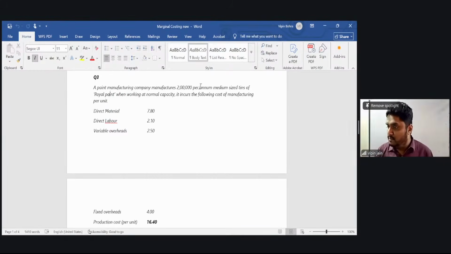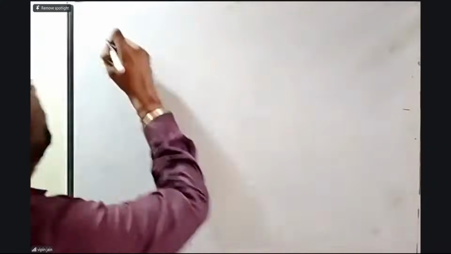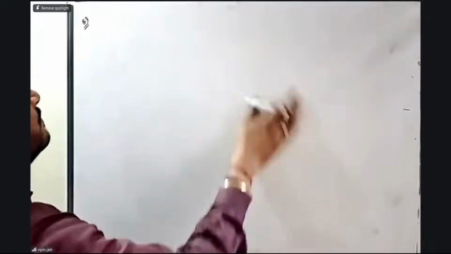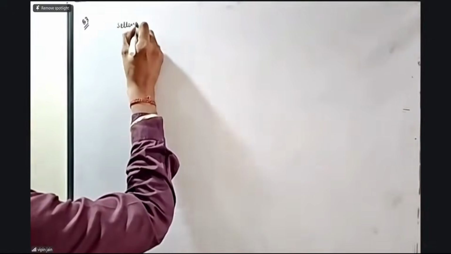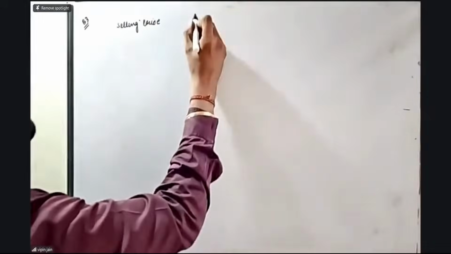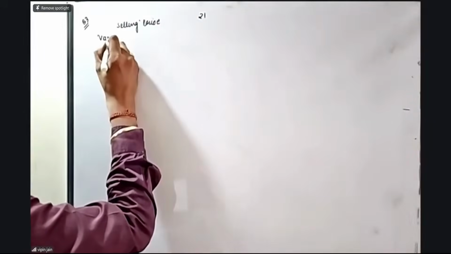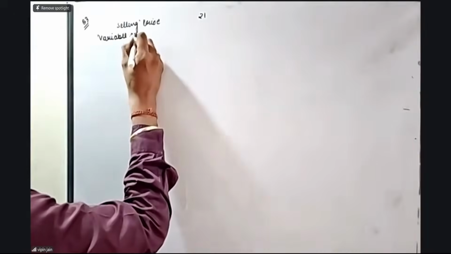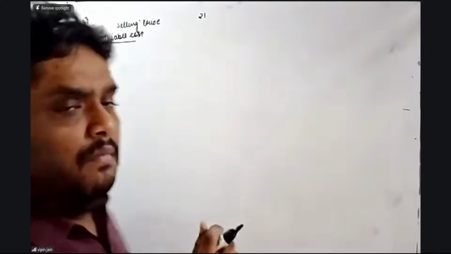The question number is question number 3. See, selling price we have is 21 rupees. Variable cost is direct material 7.8.